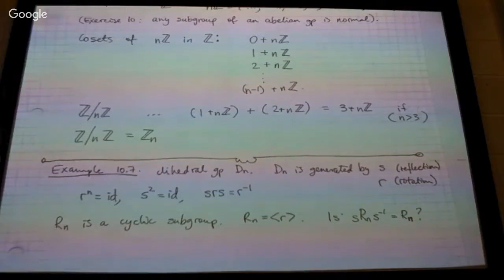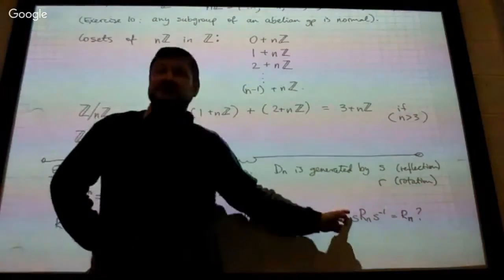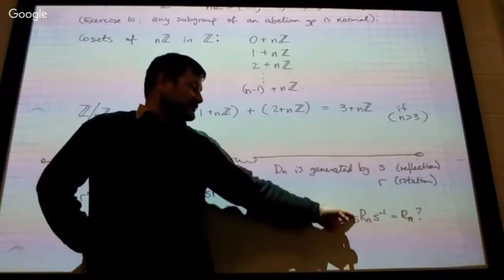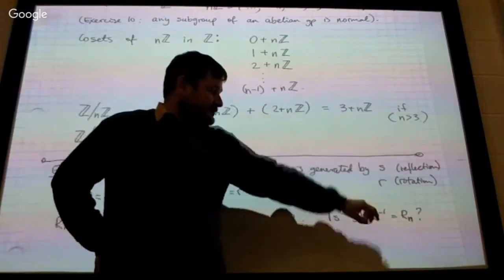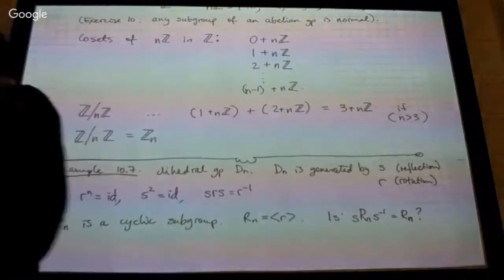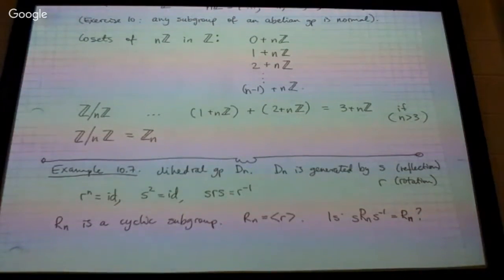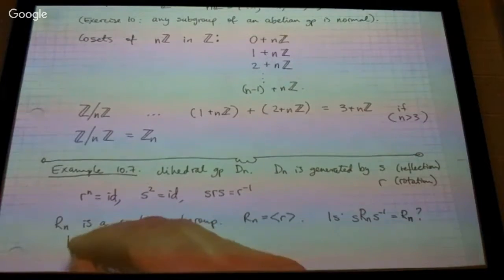Because if what you do here is a rotation, some sort of rotation there, then that is Rn. There are not really so many elements for which. But this is the key.